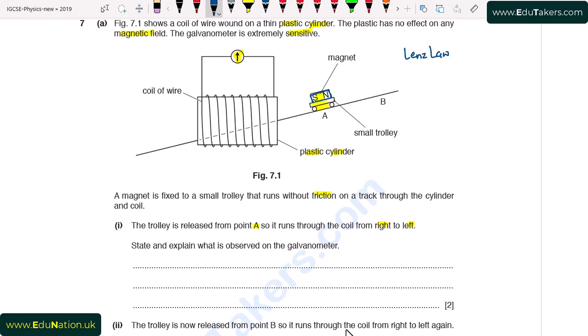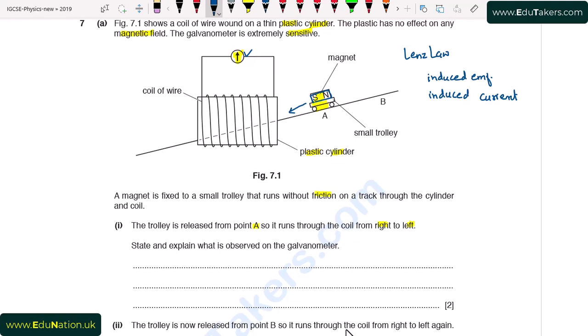When the trolley moves towards this coil, some of its magnetic lines of force cut the coil. So there will be an induced EMF. Due to this induced EMF, there is also an induced current, and this induced current is detected by the galvanometer that is attached there.